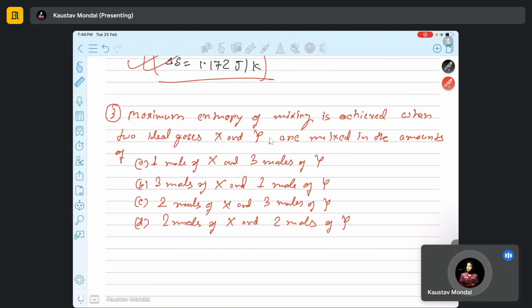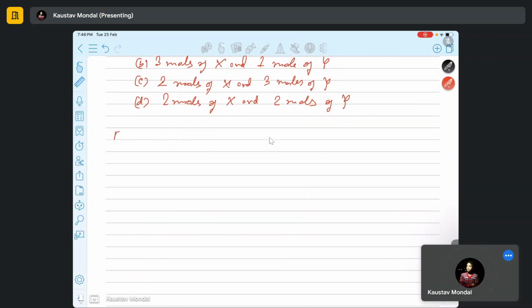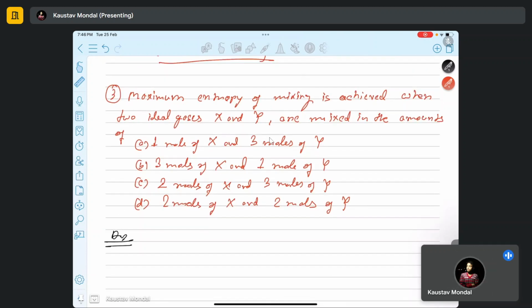Now this kind of problem is already discussed, right? So basically we have to calculate the entropy of mixing, and the case in which the entropy is maximum will be the correct answer.